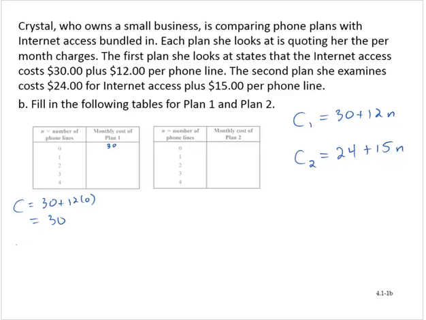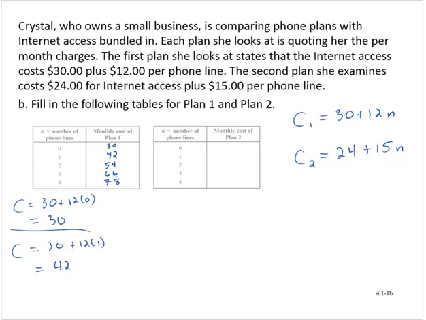And for one line, the cost would be 30 plus 12 times 1, and so that would be 30 plus 12, which is 42. And continuing on, since we know that this is linear and we know that the slope is 12, we can increase by 12 each time. And so for 2 phone lines, we would have 54. For 3 phone lines, we would have 66. And for 4 phone lines, we would have $78.